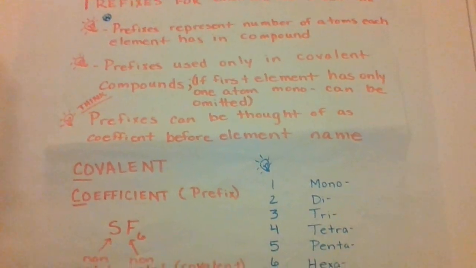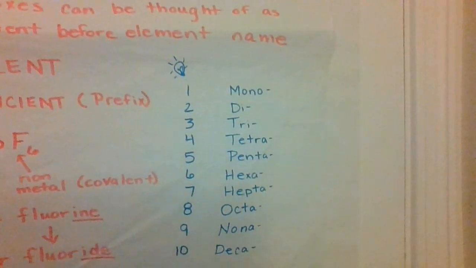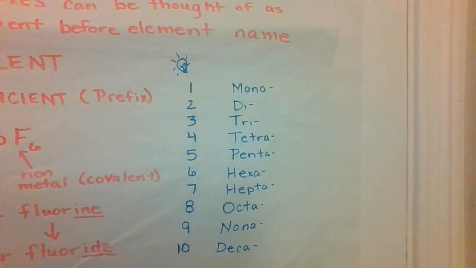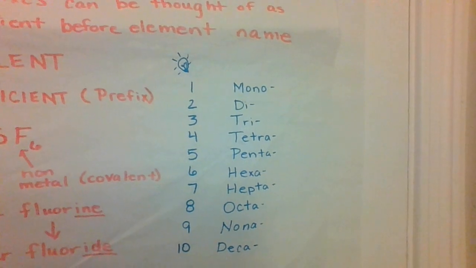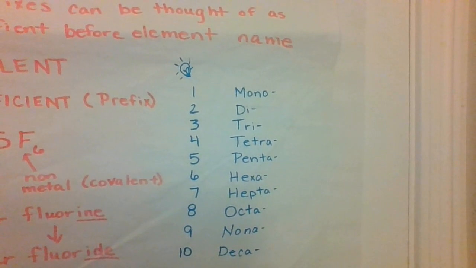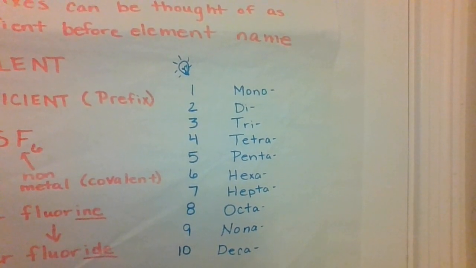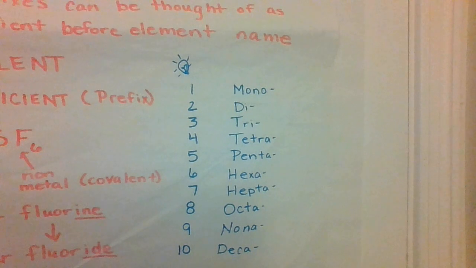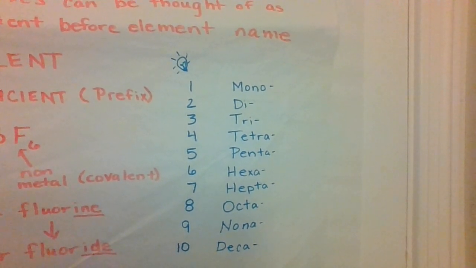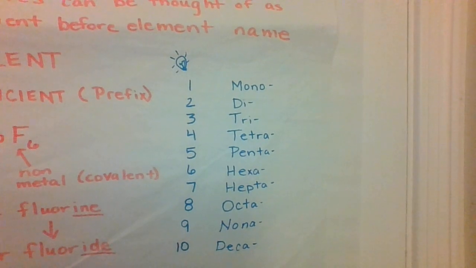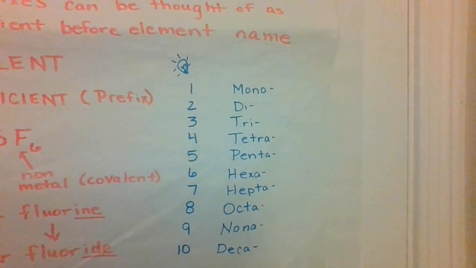So our 10 prefixes are as follows. 1 is mono, 2 is di, 3 is tri, 4 is tetra, 5 is penta, 6 is hexa, 7 is hepta, 8 is octa, 9 is nona, and 10 is deca.